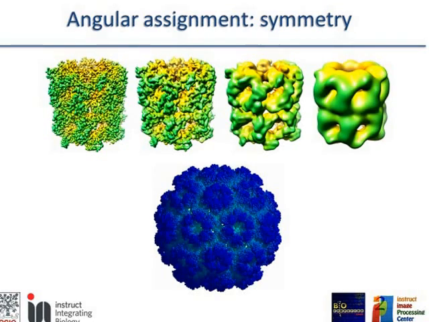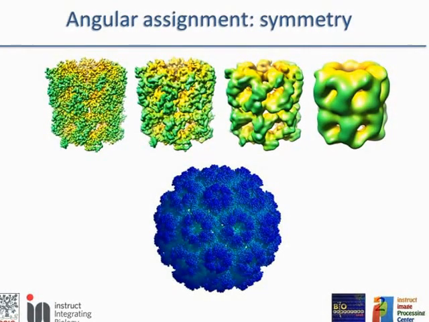So there are many projections that are actually the same. You can simplify your search space, and this is not only a speed up, but also makes the problem more robust. You have fewer variables to optimize. And this is even stronger if you have an icosahedral virus, then you have 60-fold symmetry instead of 14-fold symmetry. So the problem is simpler.